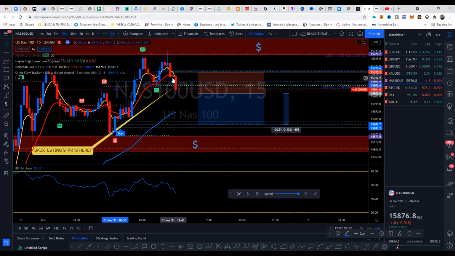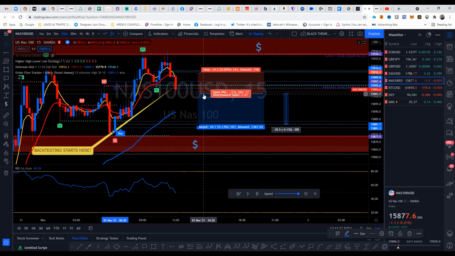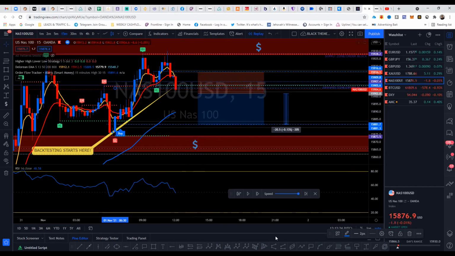So then the doji appeared and then price started dropping, but I didn't necessarily get in yet, simply because price was retracing and pushing back. And then eventually price did push back. So I wanted to wait for the next candle to close below because this was my entry point right around here. So I waited for the next close below. So let's see how price played out and how I won this trade.